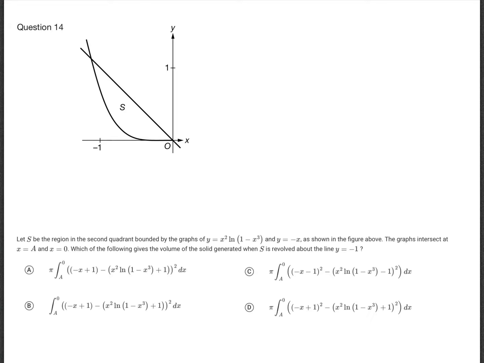Let's say this is down here. And this is the line that we're revolving around, y equals -1. I'll write that.